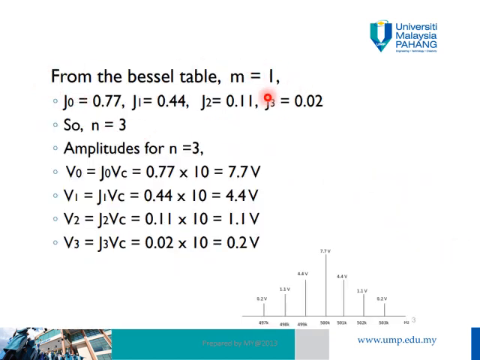From the Bessel table, we have m equal to 1, so we get J0 0.77, J1 0.44, J2 0.11, J3 0.02. So there are 3 pairs of significant frequencies. And for the amplitude, J0 multiplied by Vc, J1 multiplied by Vc, J2, J3, all multiplied by Vc. So we get the real amplitude of the side frequencies.